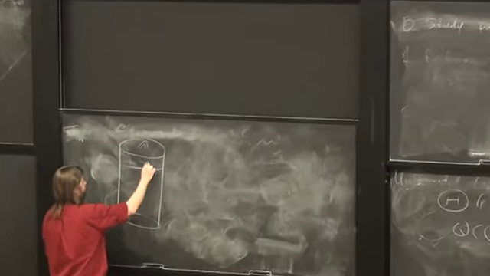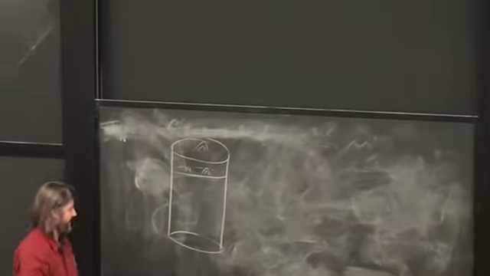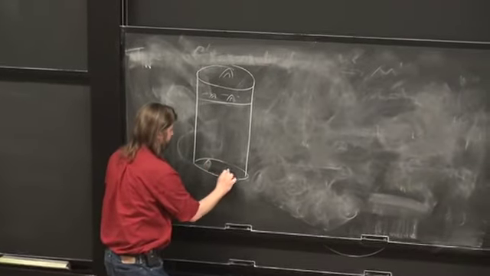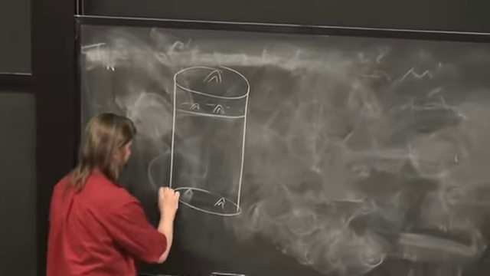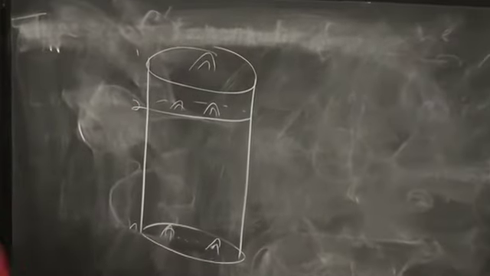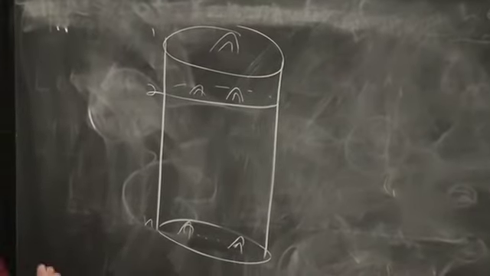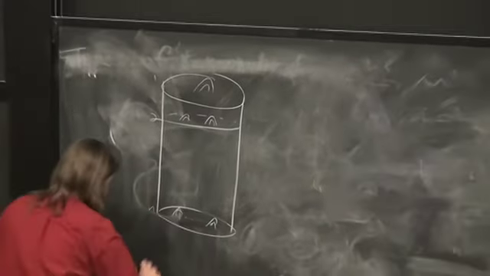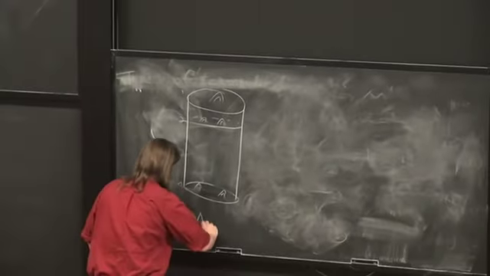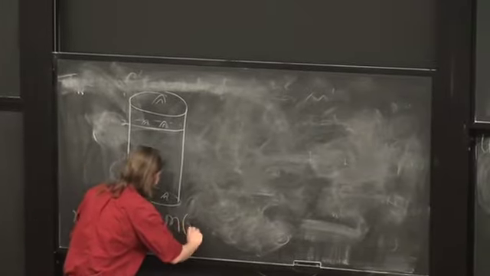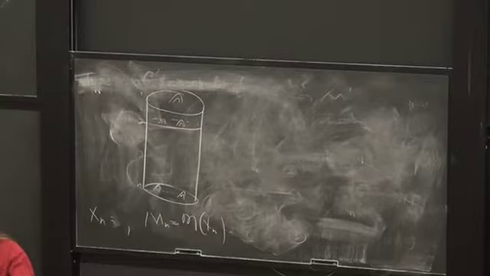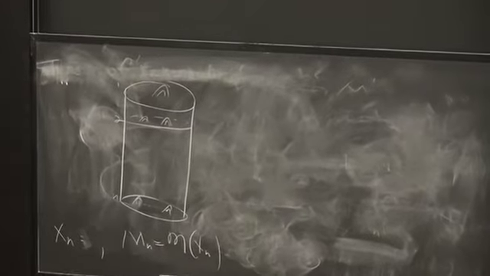In the second slot, I stick in a disk with two 1-handles, and all the way down to the nth slot, where I stick in n 1-handles. So we might denote it something like 1, 2, ..., n. That's a 2-complex X_n, and then my manifold is just going to be a regular neighborhood of X_n. I embed that picture in R^3, and I just take a little neighborhood of it.